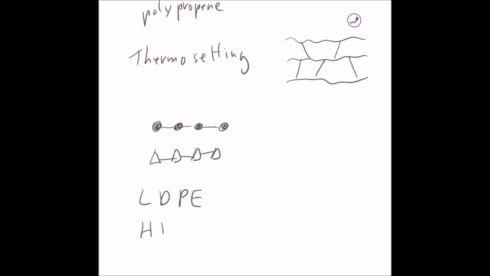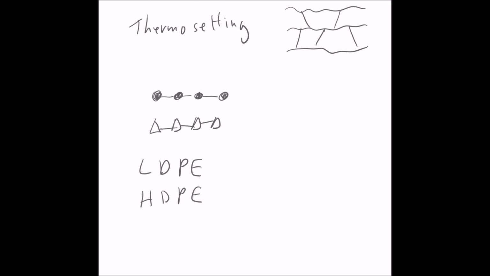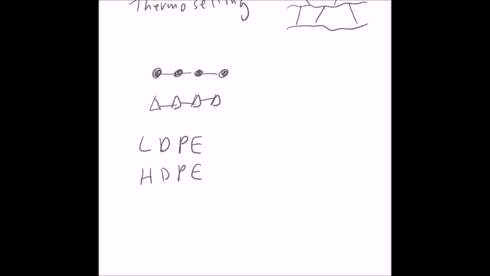Those conditions are temperature, pressure, and the use of different types of catalyst. Okay, so there are the three different conditions you need to remember that can affect how a polymer is produced and its properties. Okay, now let's look at nanoscience.